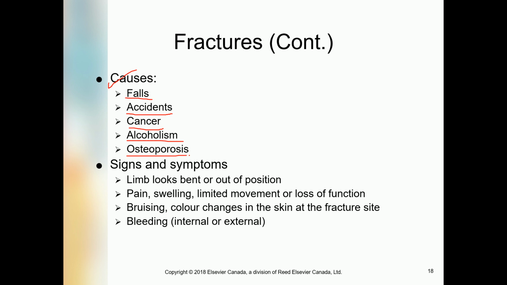Bone density will decrease a lot in the body, and people have very fragile bones. Once they fall from a chair, they will break everything there. That's why we have to protect people from falls. Again, osteoporosis is the most common bone disease, especially in older people after 50 or 60 years of age.